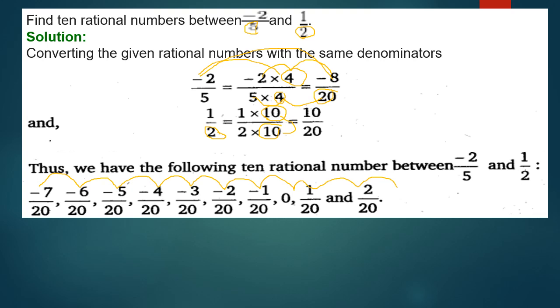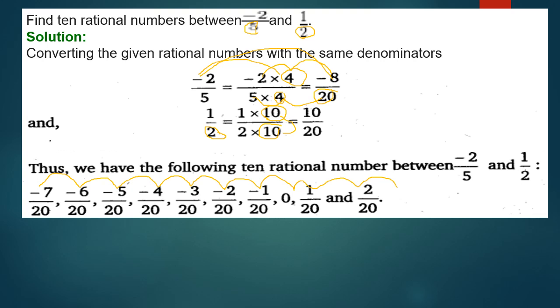Children, here minus 2 by 5 is negative. We are moving towards the positive number 1 by 2, so we want to move forward from minus 8 by 20. That means after minus 8 by 20 comes minus 7 by 20, minus 6 by 20, minus 5 by 20, minus 4 by 20, minus 3 by 20, minus 2 by 20, minus 1 by 20, then 0 by 20, which is 0 itself.